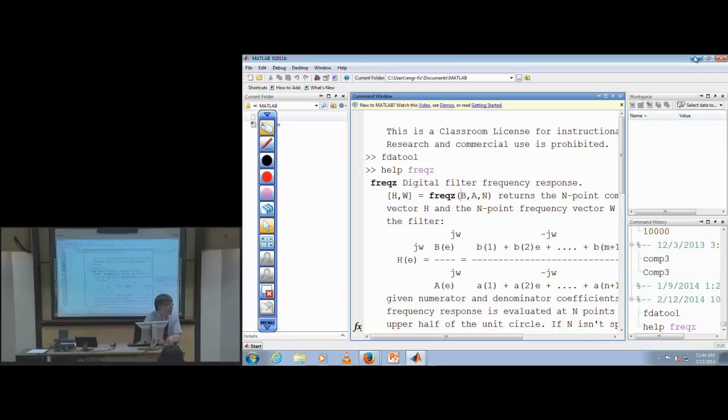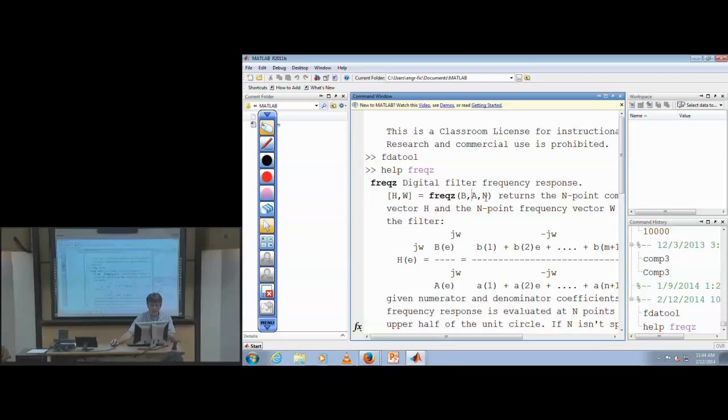For the more general case, this applies for both FIR and IIR filters. For IIR filters, I now have a denominator. I have feedback coefficients. We'll get to this. So I can use freqz, where B is my feed forward coefficients, my FIR portion, and A is the feedback coefficients. So this also works for IIR filters. For now, we don't need the other two arguments, really.